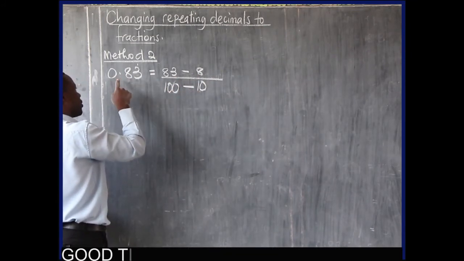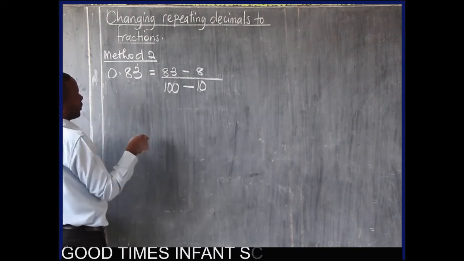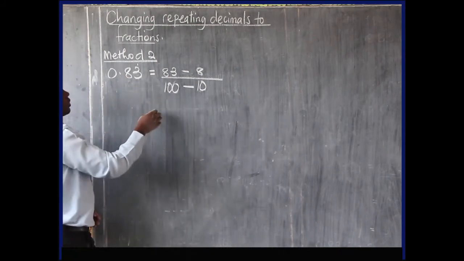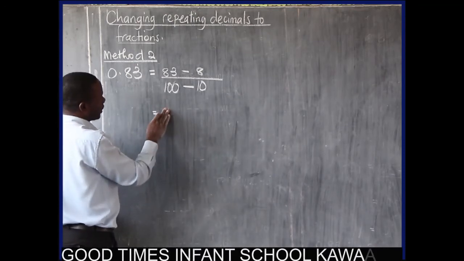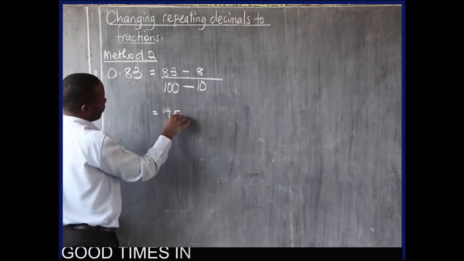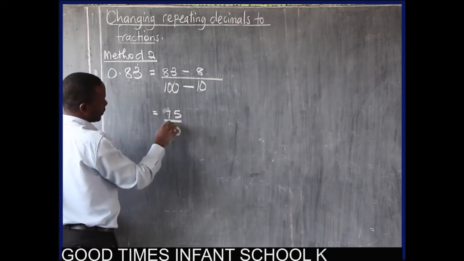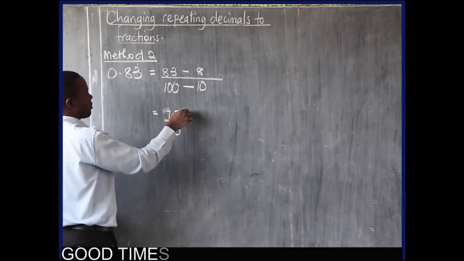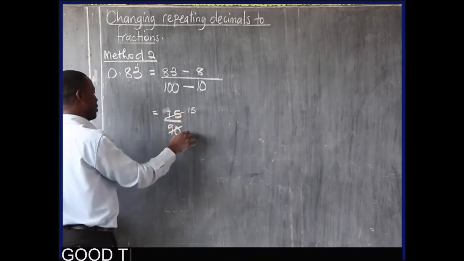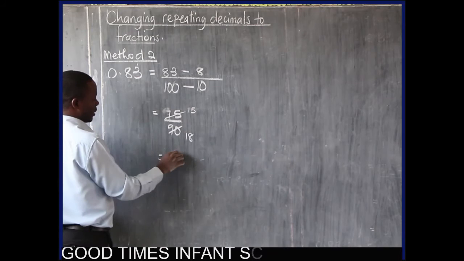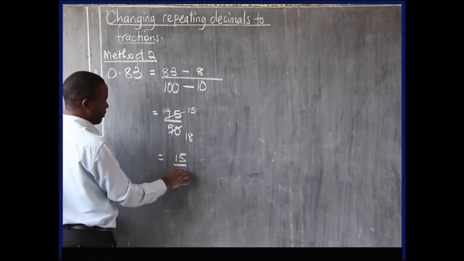0.8 is 8 out of 10. This is one fraction. So when we subtract from our previous subtraction, you will get 75 out of 90. And when you simplify this by 5, this one will be 15, and by 5 will be 18, which will give us 15 out of 18.